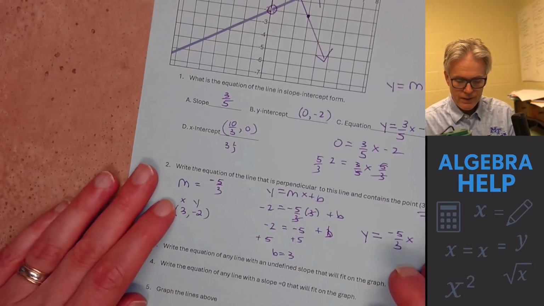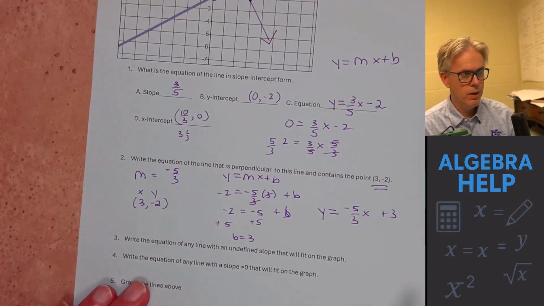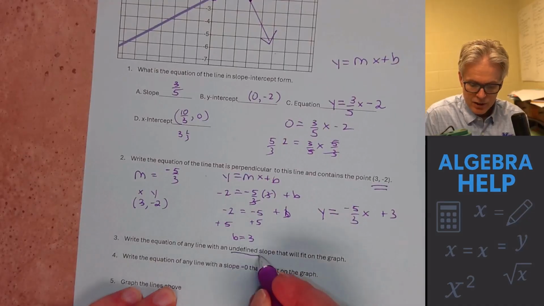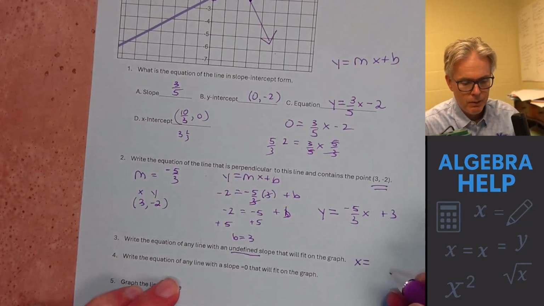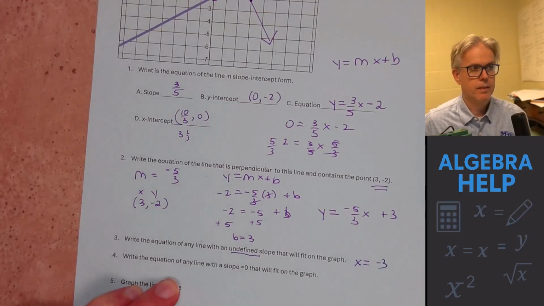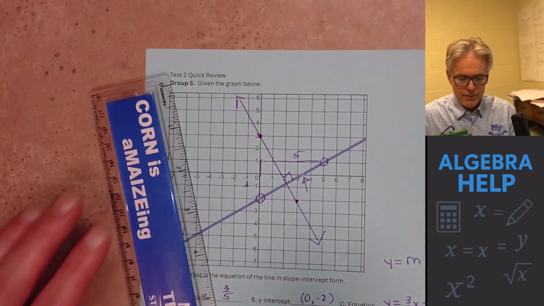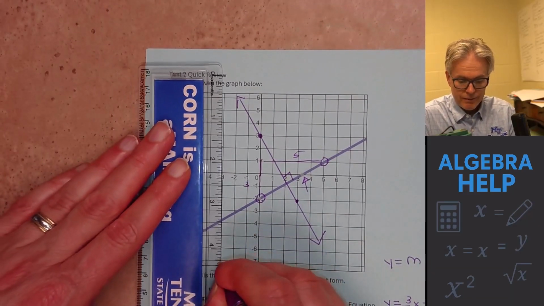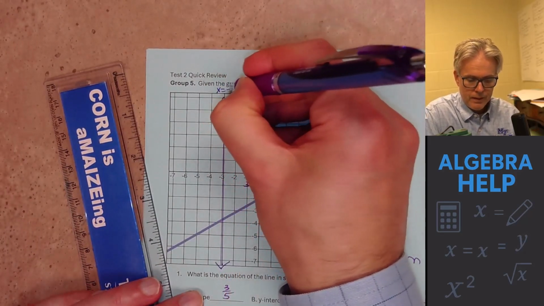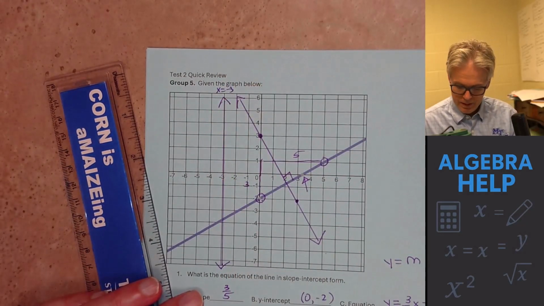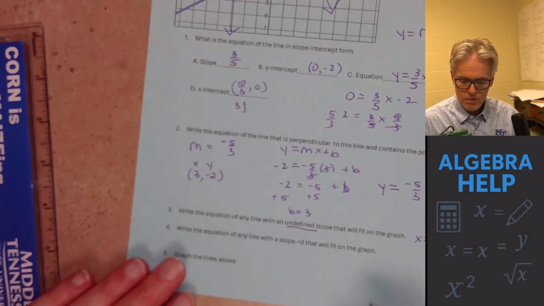All right, write the equation of any line with an undefined slope. So that's going to be an x equals some number. How about we do negative 3? So x equals negative 3. You could do x equals anything. There we go. Undefined slope at x equals negative 3. Question 4, slope of 0.